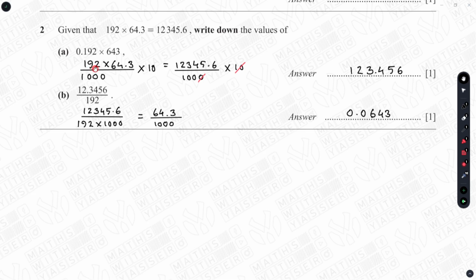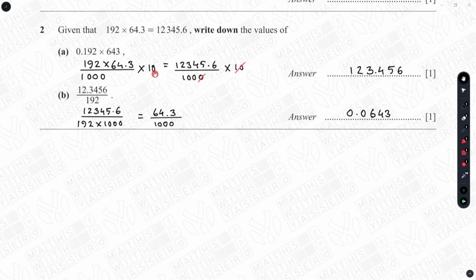So I have written 192 times 64.3. To convert 192 into 0.192, we need to divide this by 1000, and to make 64.3 into 643, we need to multiply this value by 10.